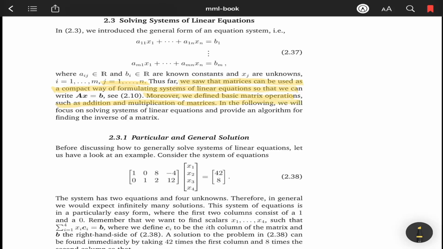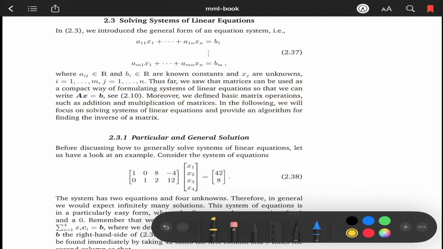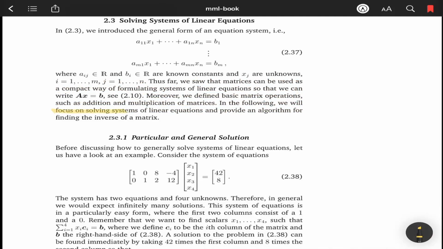In the following, we will focus on solving systems of linear equations and provide an algorithm for finding the inverse of a matrix. So we will focus on solving, and we will provide an algorithm for finding the inverse.